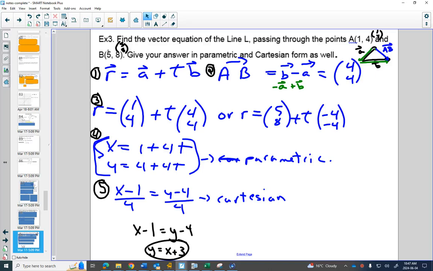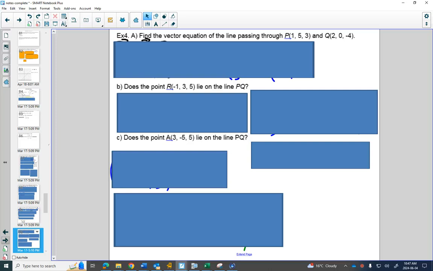So we have time to do 1 in 3 dimensions. Is it harder? Not at all. So if P is 1, 5, 3, and Q is 2, 0, negative 4, can you see that for your direction vector, you can either do Q minus P or P minus Q, it really doesn't matter.